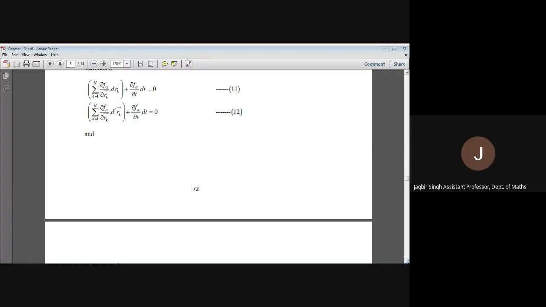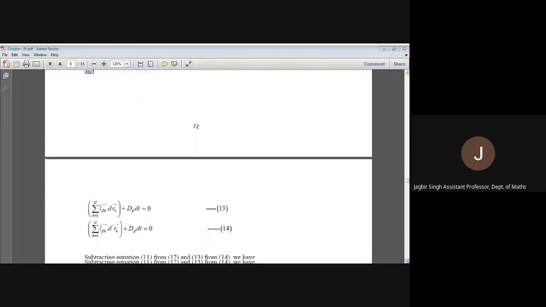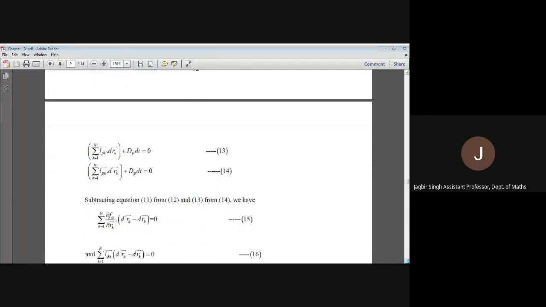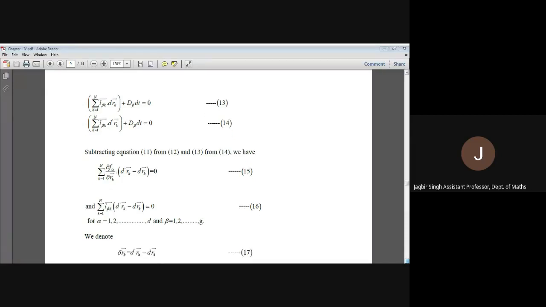And then subtracting 14 from 13, we will obtain summation k from 1 to capital N of L beta k dot (drk minus d prime rk). Rest of the terms are cancelled, equal to 0. So we obtained the equations number 15 and 16.